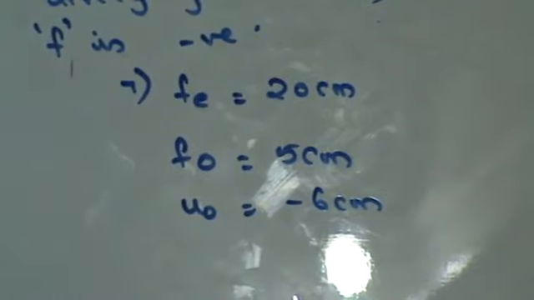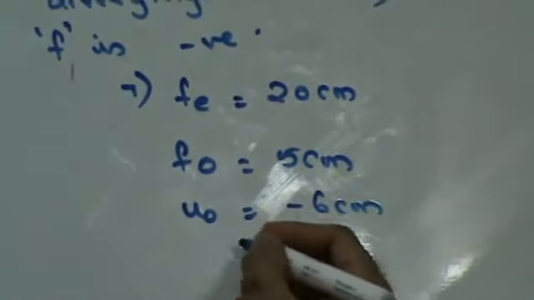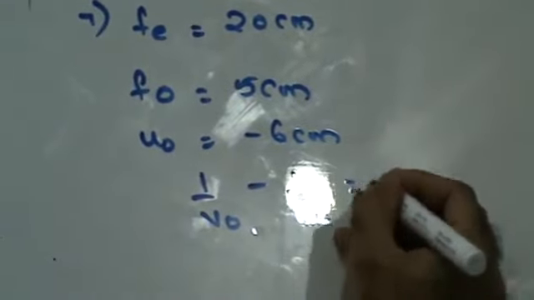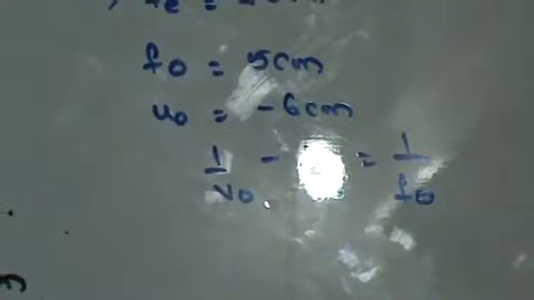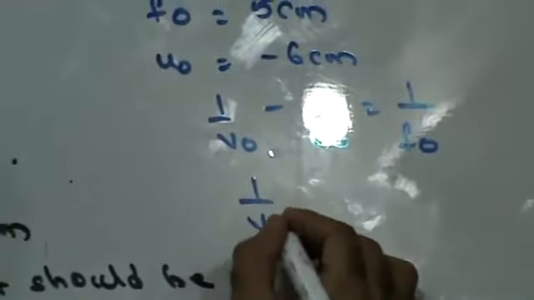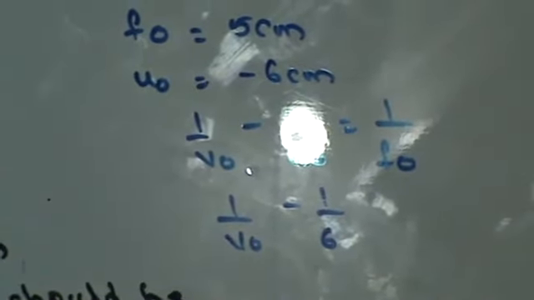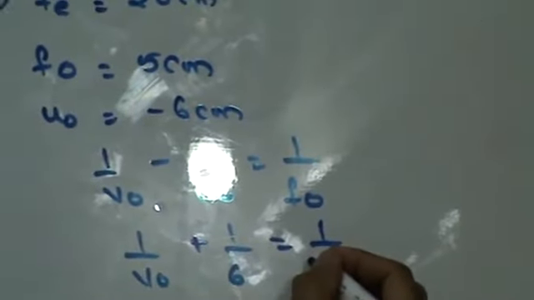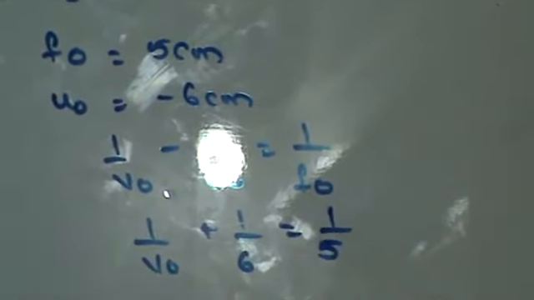First of all, I can work with the objective. I can say 1 upon V0 minus 1 upon U0 is 1 upon F0. This is for the objective. So 1 upon V0 minus 1 upon minus 6, minus into minus, is 1 upon F0, 5 centimeters.